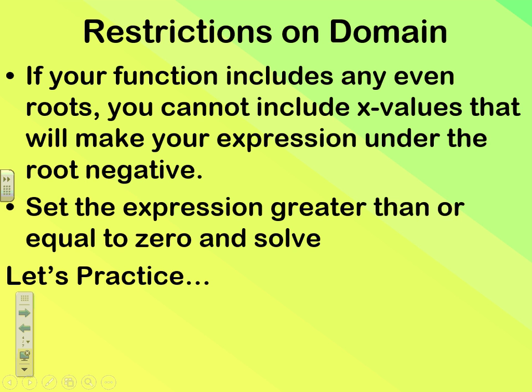So let's just say, for instance, if I said the square root of let's say 3 minus 1. Well, that would give me the square root of 2, and that's a real number, so we could use it. But if we turn it around and said 1 minus 3, that would give me a negative 2, which would give me an imaginary number. So imaginary numbers aren't real, so they cannot be part of a domain.